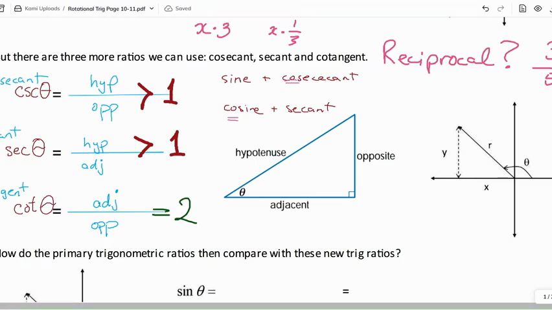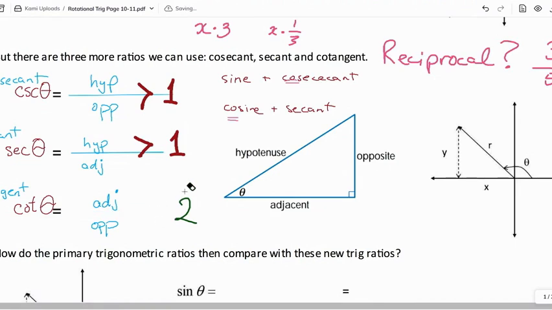If you have no information about adjacent and opposite, you just know that adjacent is twice as long, can you determine the lengths? But if you know that the opposite side is equal to 5 centimeters, what is the adjacent side going to be equal to? That's right. That's primary trig ratios, folks. That's what we've been doing, right? That's what SOHCAHTOA is actually all about.